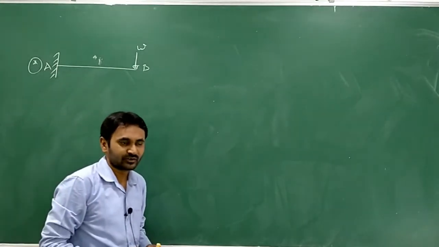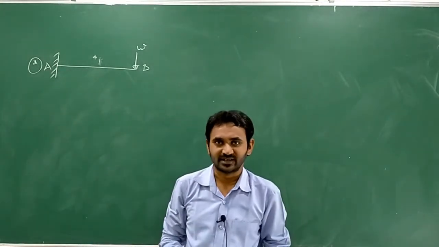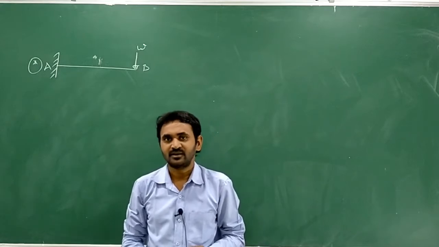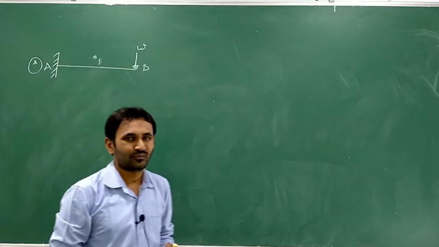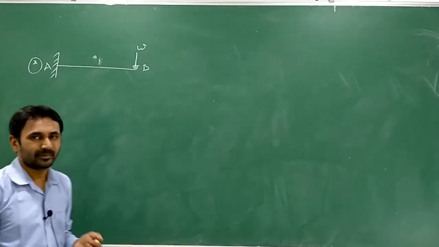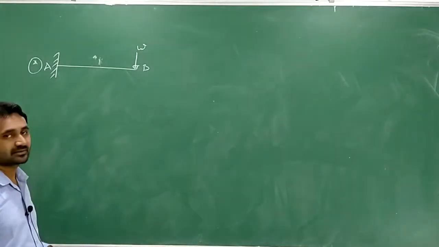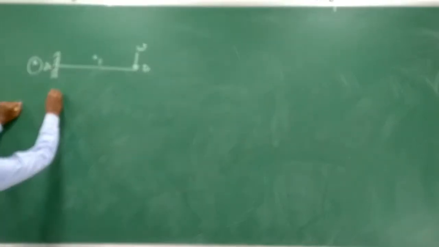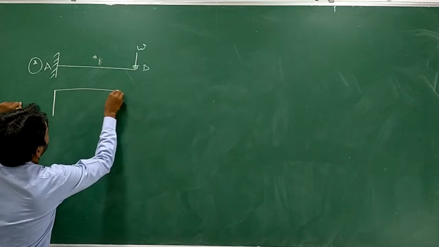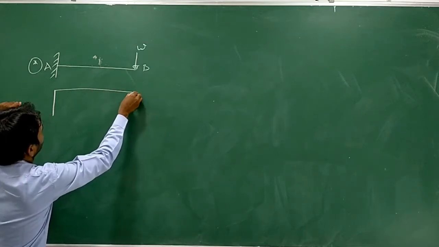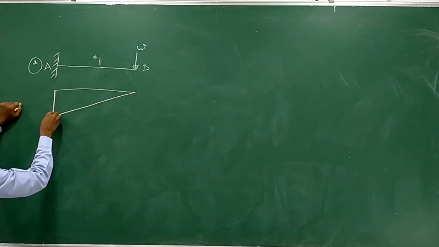Now you know slope as well as deflection, right? So by the moment area method we have to find out the bending moment diagram of the given conditions. So let us see, I am drawing the bending moment diagram for this cantilever beam which carries a point load.